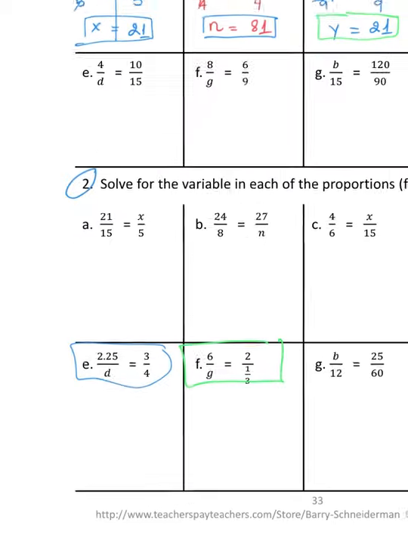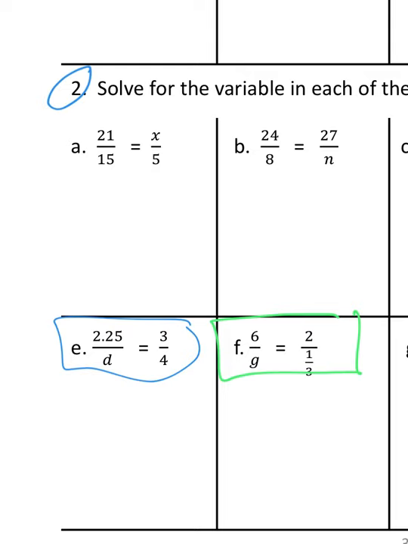All right, so E, I have 2.25 over D equivalent to 3/4. This is a decimal, and I treat it just as a number. So I have 3 times D equivalent with 2.25 times 4. 4 times 5, 20. 4 times 2 is 8, add 2 is 10. 4 times 2 is 8, add 1 is 9.